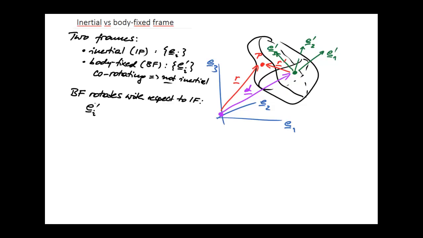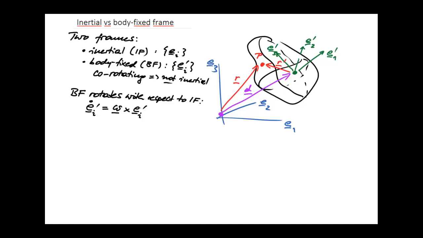So their time derivative, e_i prime dot, is different from 0. In fact, it's given by omega cross e_i prime, where the vector omega is the vector of angular velocity.